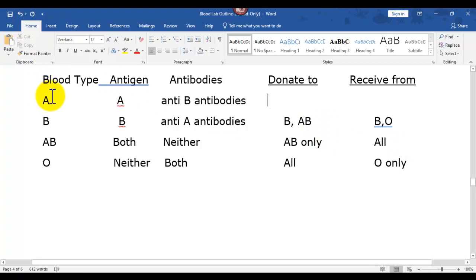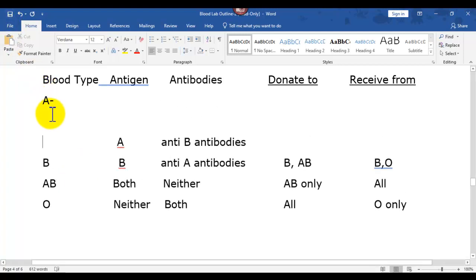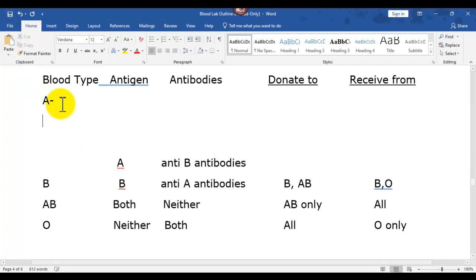If you're type A, where's my minus? There we go. We'll have to do an A positive. Well, it's the best I can do.